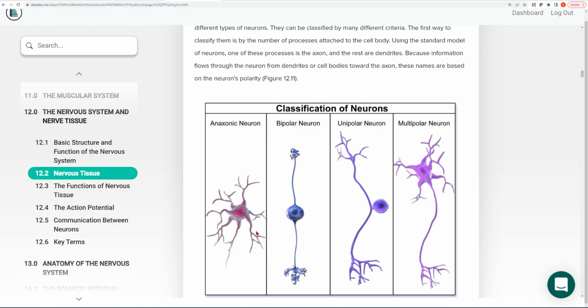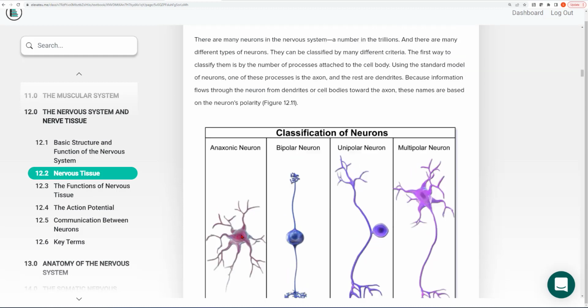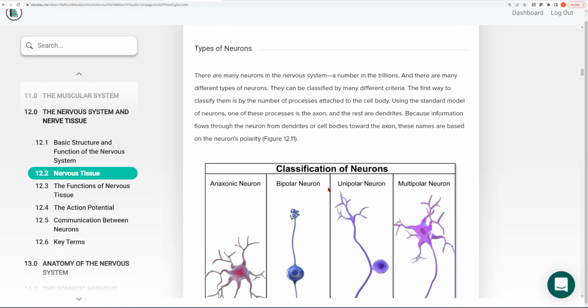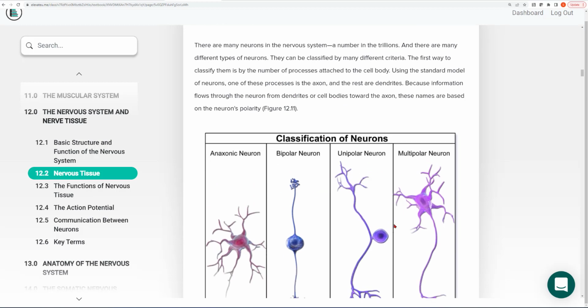It's just that when you look at this neuron, you can't see one that is longer. So it's difficult to say that this neuron has an axon, but it does. And one of these branches would act as its axon functionally. So again, we have many different kinds of shapes: multi, uni, bi, and anaxonic neurons.